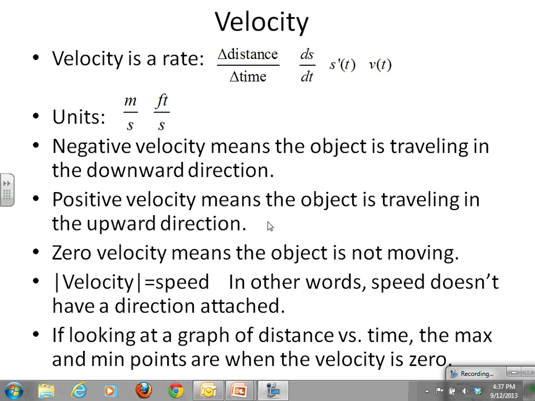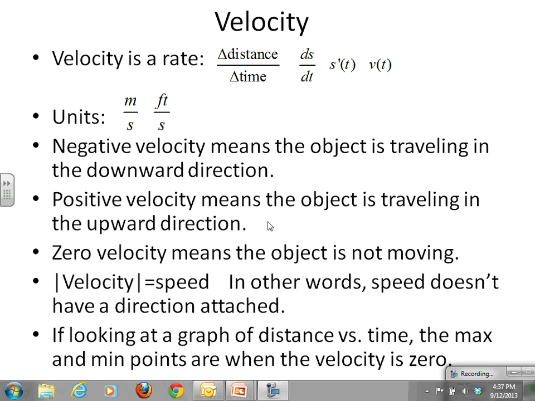When you make your return trip from LA heading back to the Bay Area, you would have a positive velocity of 65 miles per hour, meaning you're heading in the positive direction. Zero velocity, well, you're not moving. If your velocity is zero, you're not going anywhere.